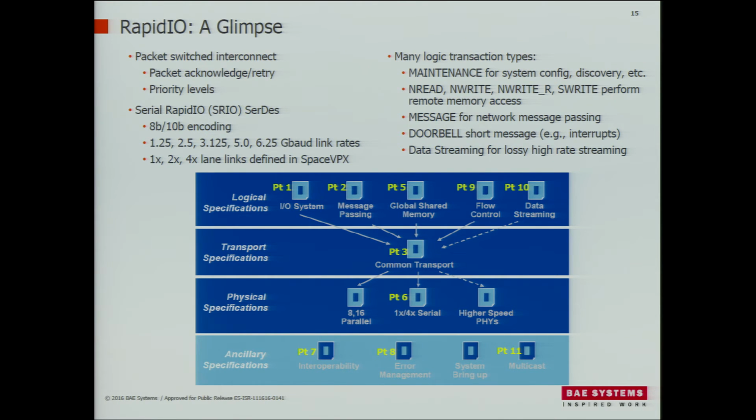And doorbell is just a really, really short message with, I think, just a 16-bit payload, and those are great for interrupt type operations. If you have a peripheral device with rapid I/O implemented in an FPGA with a very small footprint, that's a way for the FPGA to ship some data out through a memory mapped access and then send a doorbell, saying you've got mail.